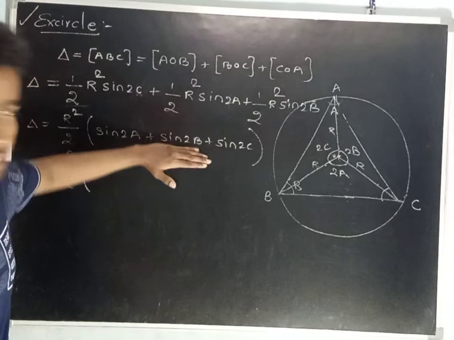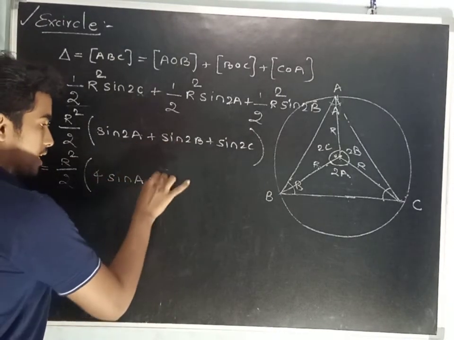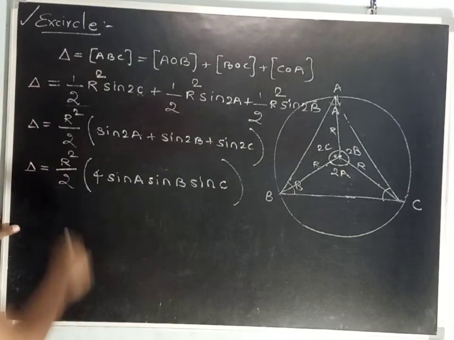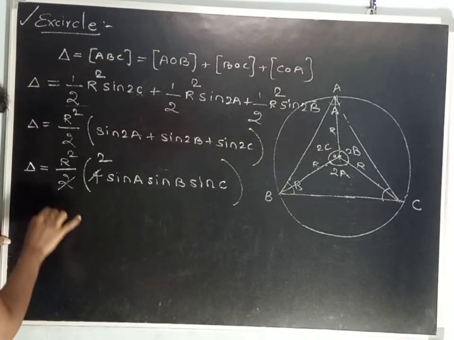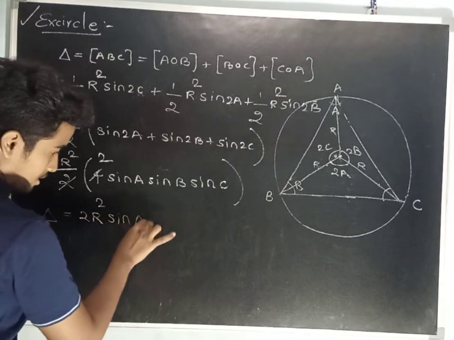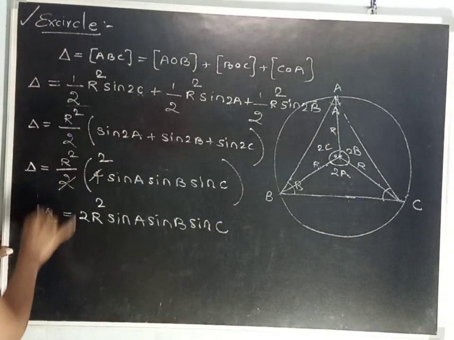On simplifying this, I am going to get 4 into sine A into sine B into sine C. So area of triangle is going to be 2r square into sine A, sine B, sine C.